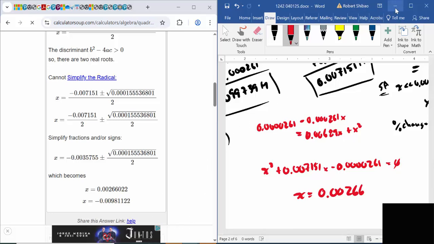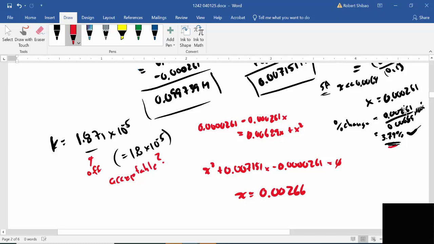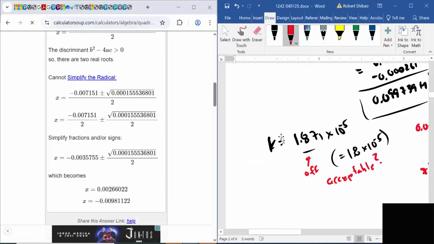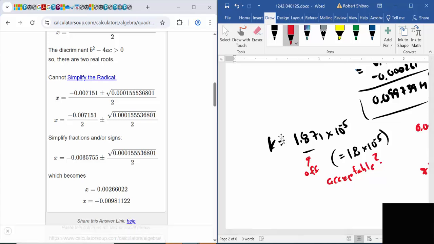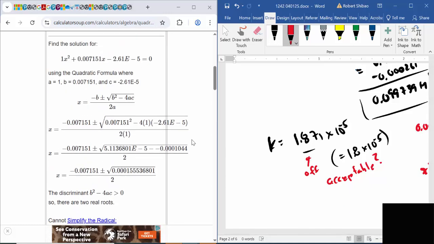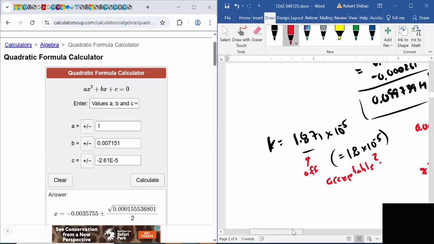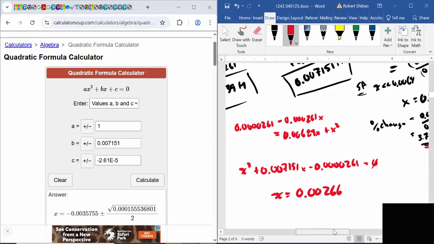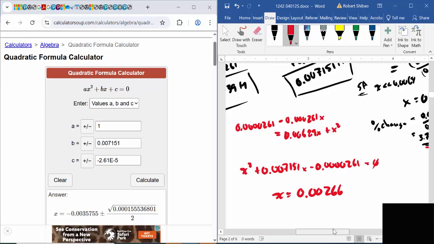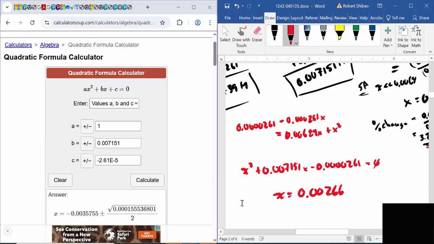So by using the simplifying assumption, we came up with an x value of... what was it? Did I get it wrong again? 0.00266. Let me see if I screwed something else up. Anybody else get a different answer?